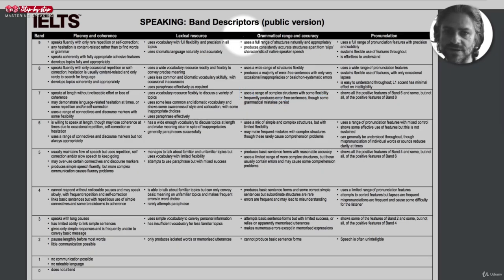Now, going all the way up to number 9, you have a full range of structures that are natural and they're used appropriately. And so it says a full range of structures. That means they might use simple for effect. You'll see some writers might make short, simple sentences for effect.